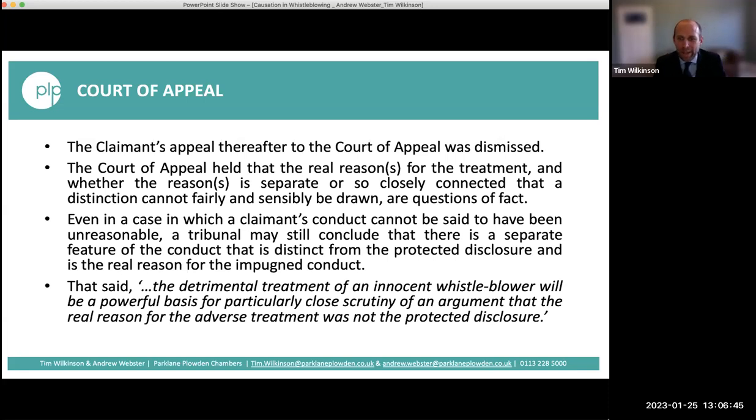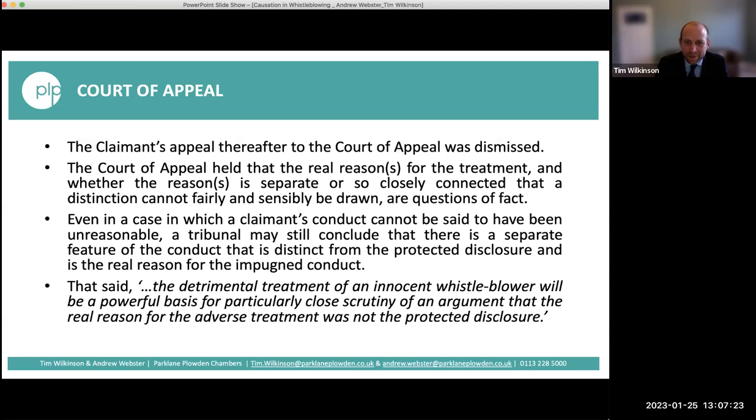So, drawing all that together and summarising, in the right case, on the right facts, the disclosure can be genuinely separable from other factors, such as the manner of the disclosure or the consequences of it. And that can be the case even if the behaviour of the employee is not unreasonable or ordinarily unreasonable. But of course, the tribunals and courts are going to scrutinise these sorts of cases carefully, and this is why they're tricky, or can be tricky at least.